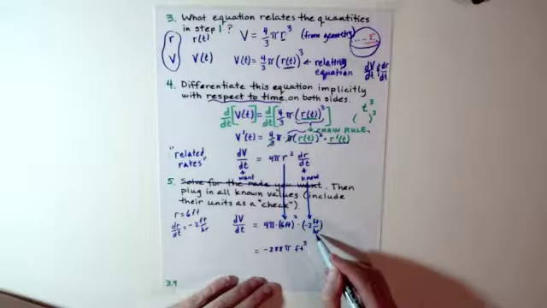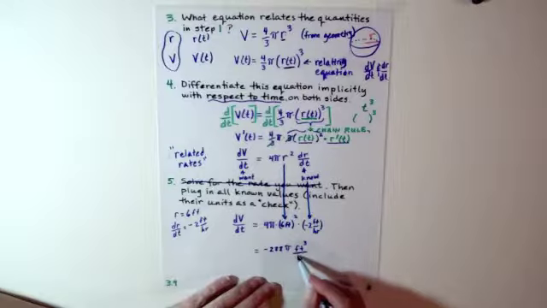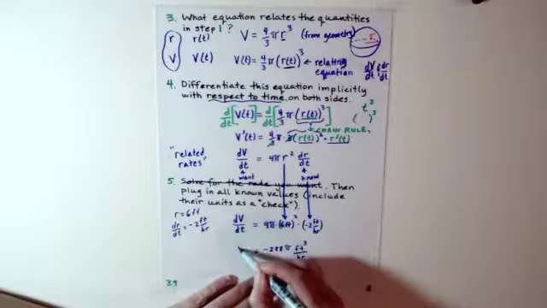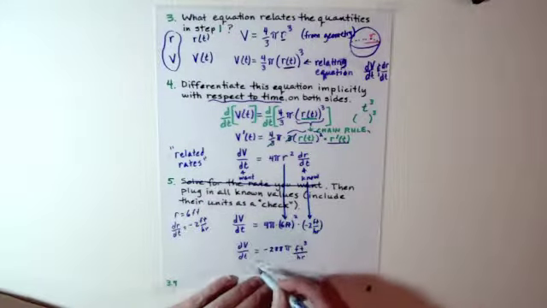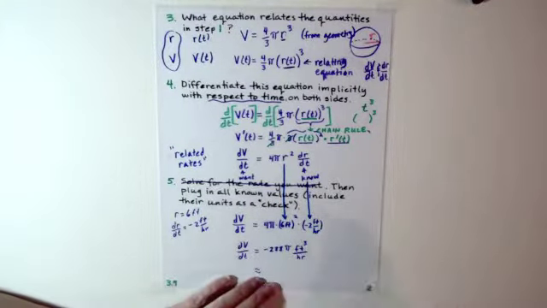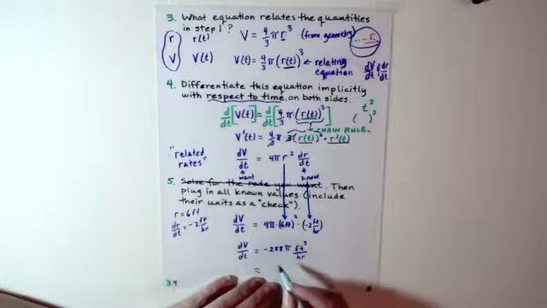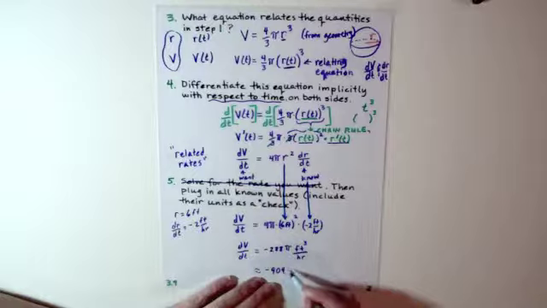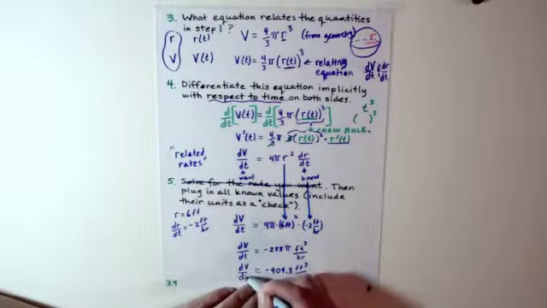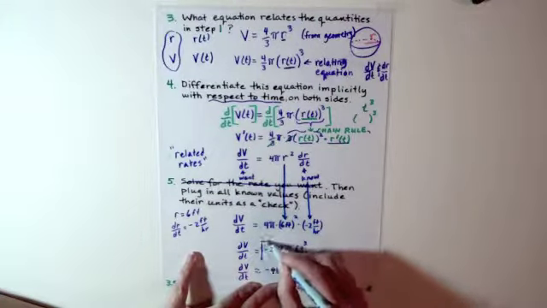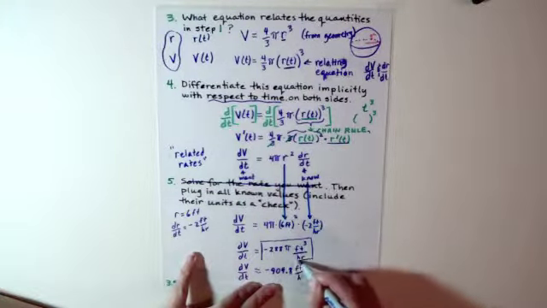And then I have a per hour here, so that's going to be a per hour. This would be the exact answer with the pi included. If you want an approximate answer, I just did 288 times pi on my calculator and got -904.8 cubic feet per hour. So that would be an approximate value. This is the exact answer to the problem.